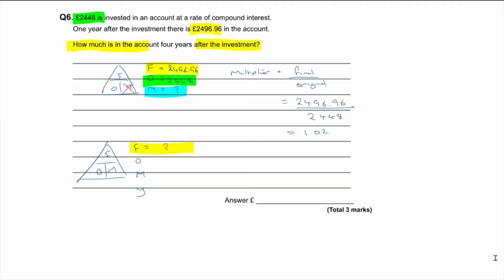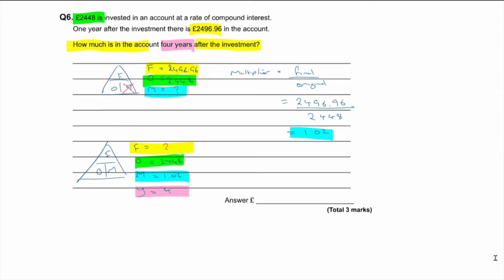The original is still the original that we had at the beginning, 2448. The multiplier is the one that we found, 1.02. And the number of years is going to be 4 years from the question, so that's equal to 4.